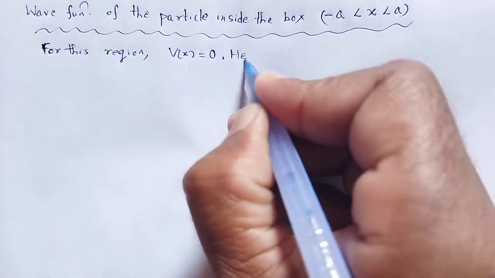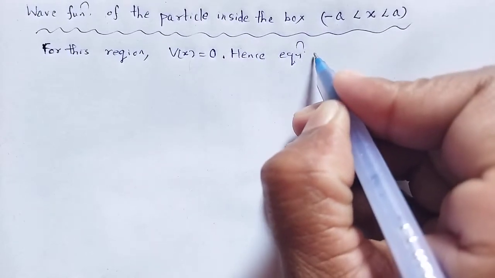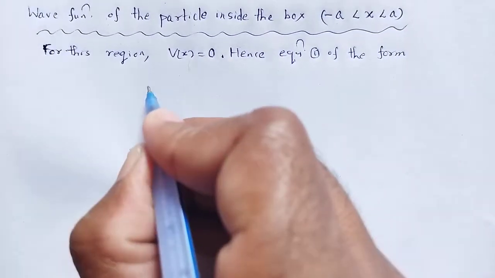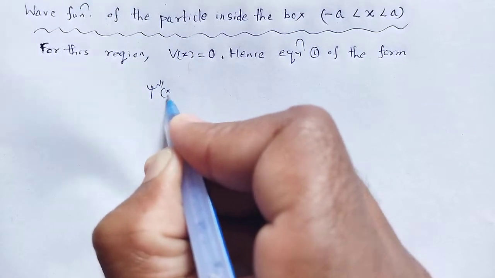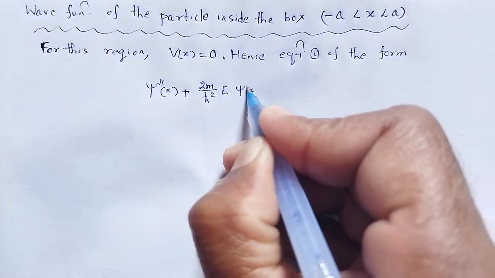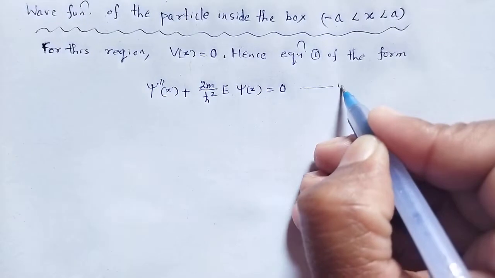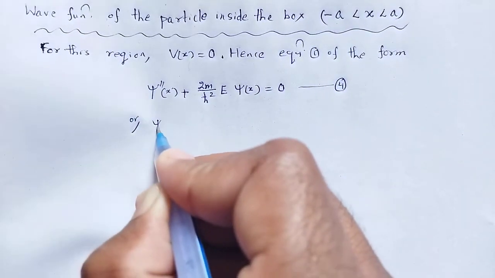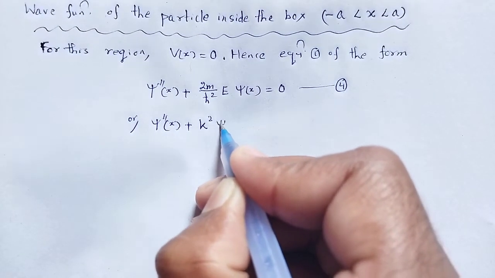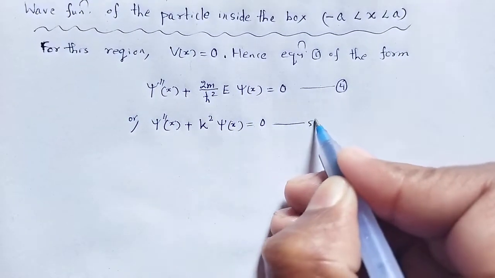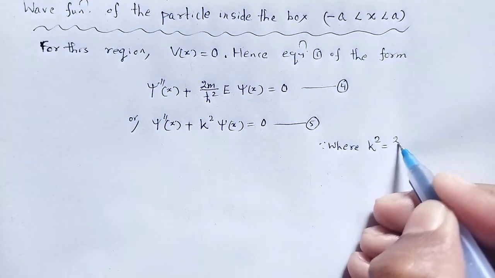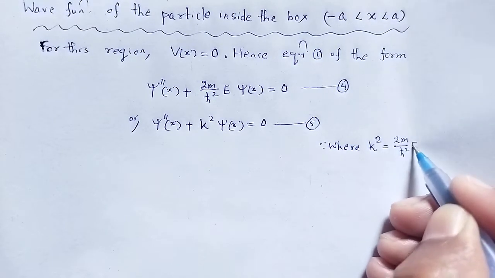Hence equation 1 will be changed to psi double dash of x plus 2m by h cross square E psi of x is equal to 0, that is equation number 4, or psi double dash of x plus k square psi of x is equal to 0, that is equation number 5, where k square is 2m divided by h cross square E.